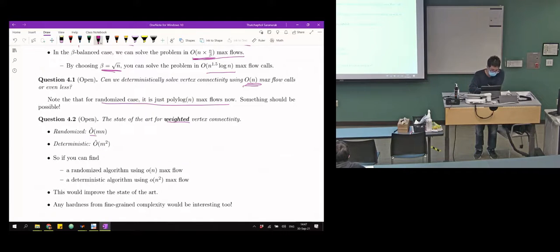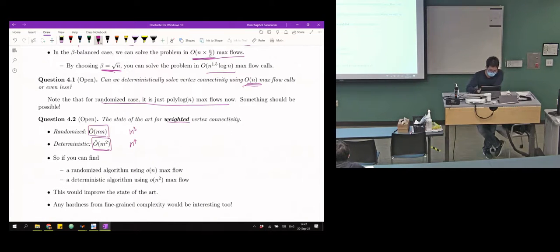In the weighted case, the best algorithm is something like MN, randomized. The best deterministic algorithm is M squared. But if the graph is dense, then basically this is n cubed and n to the fourth.